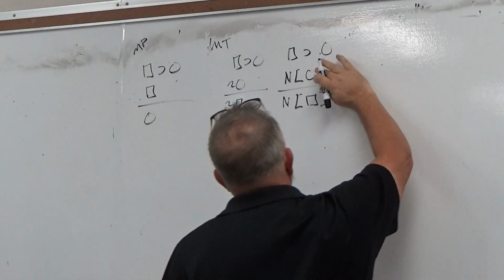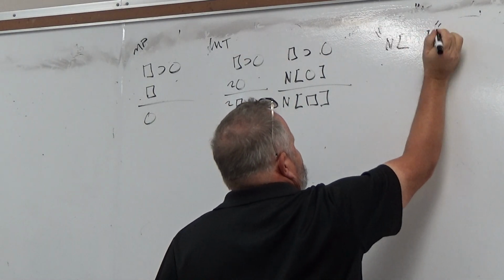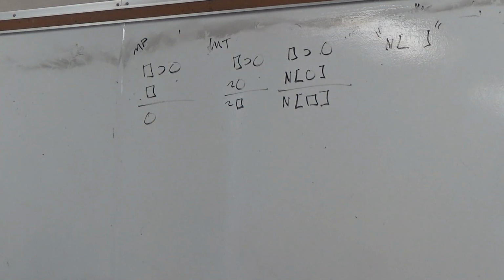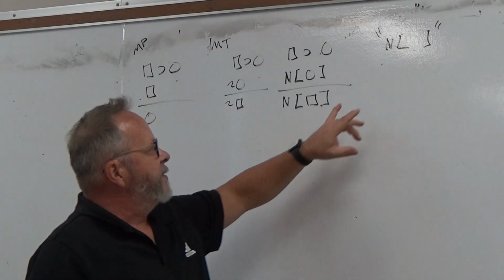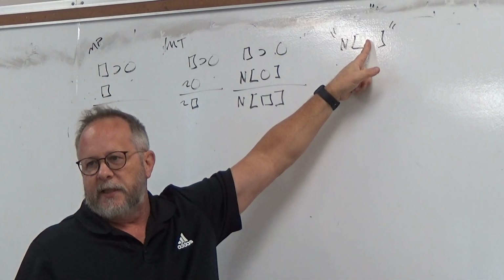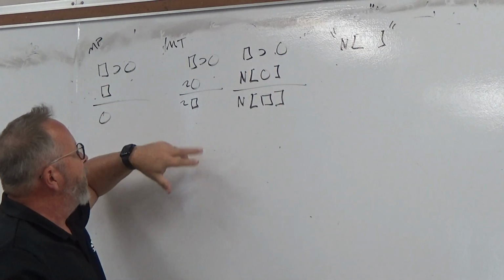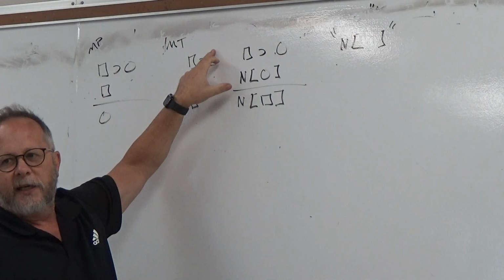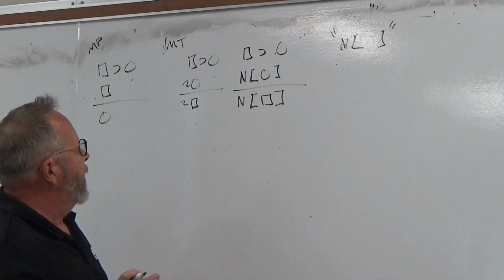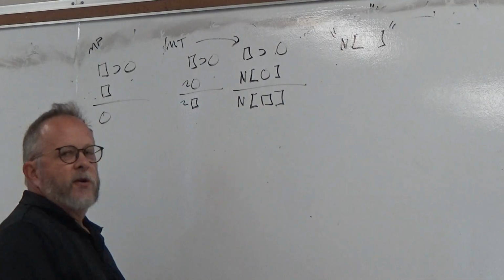There is a technical description of this in the textbook to please all the logic professors, but for our purposes, you can just think of this as meaning the opposite of whatever's in there. That allows us to do modus tollens, whether the negation is up here or down there. Does everybody understand that? Okay, so this is the final version of modus tollens.